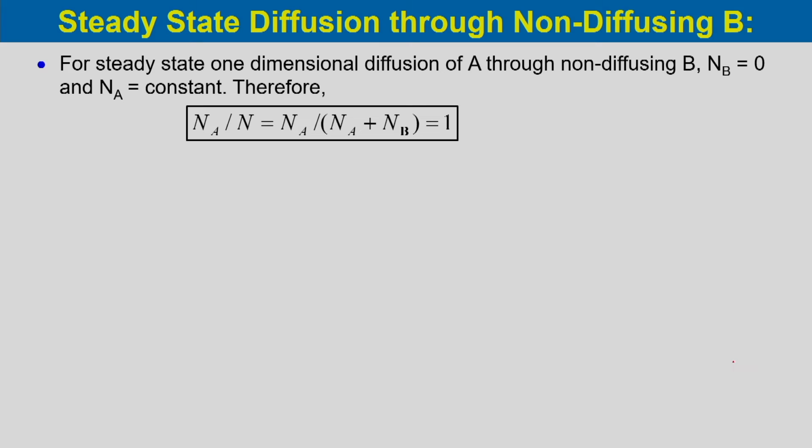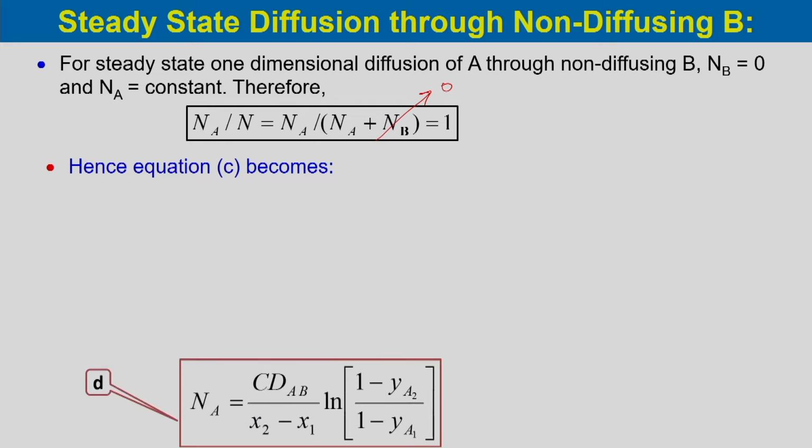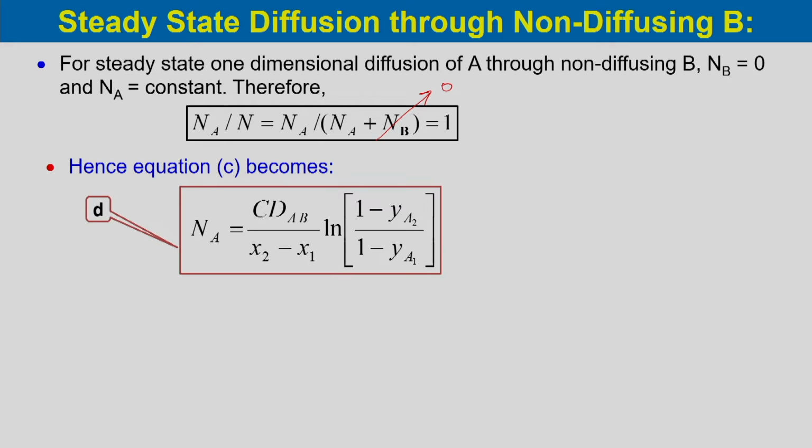Therefore, NA by N, which is NA by NA plus NB, would be equal to NA by NA, since NB is equal to 0, which equals 1. Hence, equation C becomes NA is equal to C DAB by x2 minus x1 ln of 1 minus YA2 by 1 minus YA1.